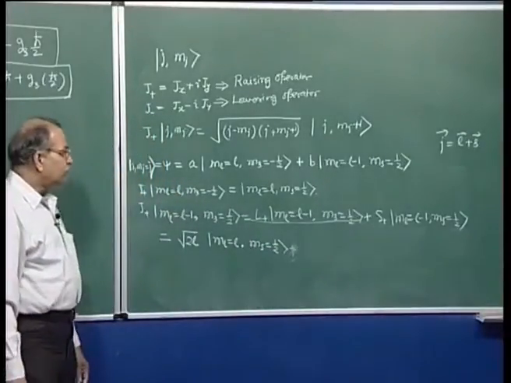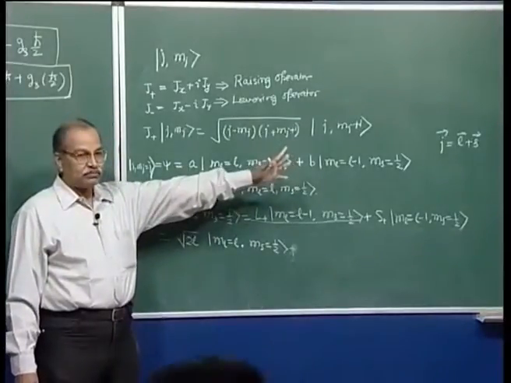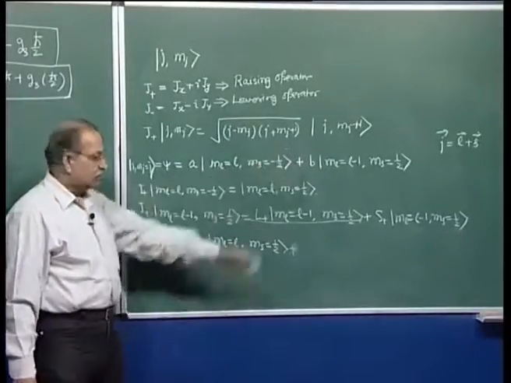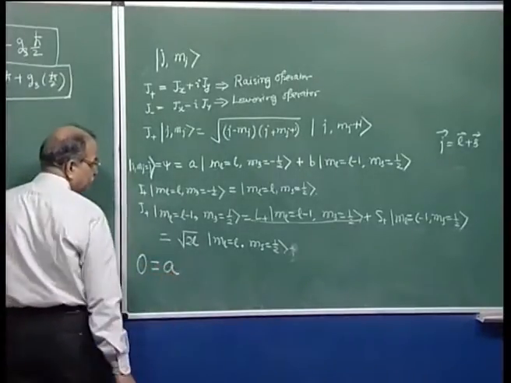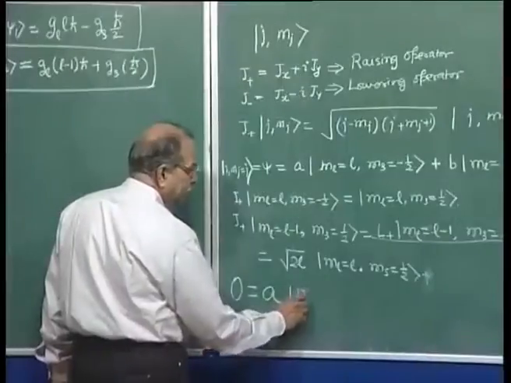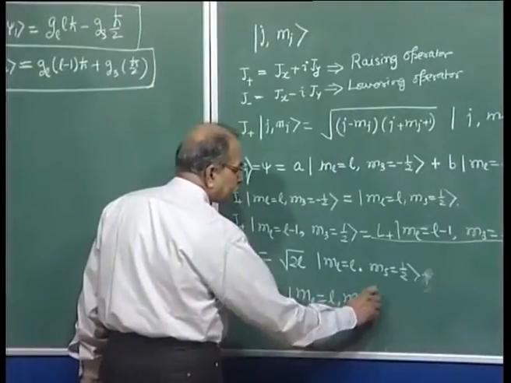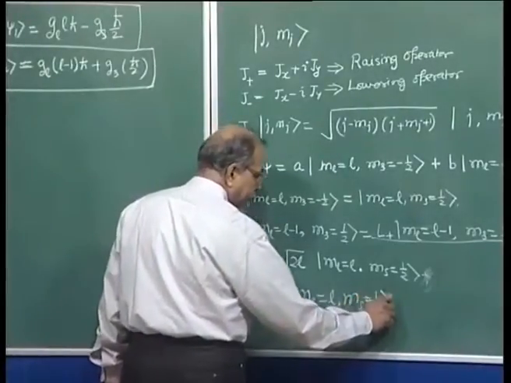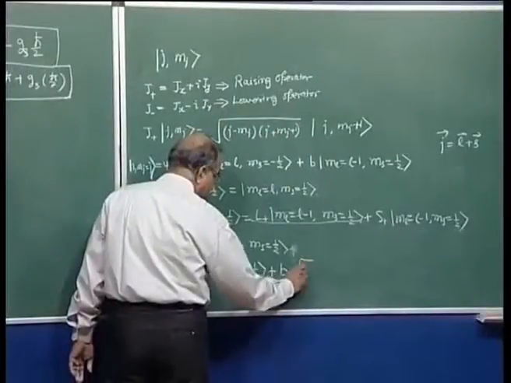Okay. Now, you demand that J plus operating on this whole thing should be 0. So, 0 should be equal to a times this one, plus b times square root 2L.